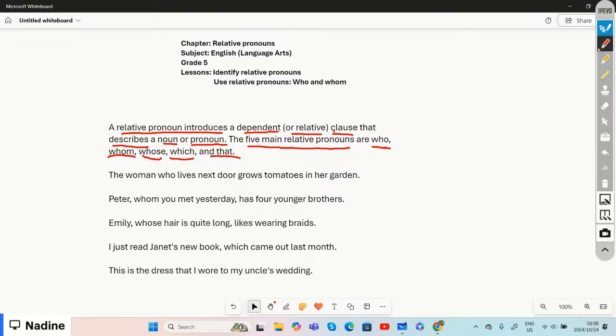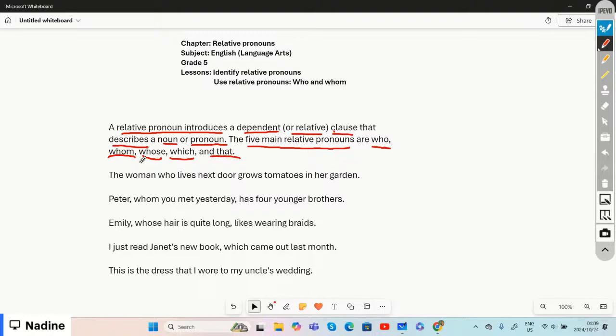We are only going to be focusing on the relative pronouns of who and whom today. All right.